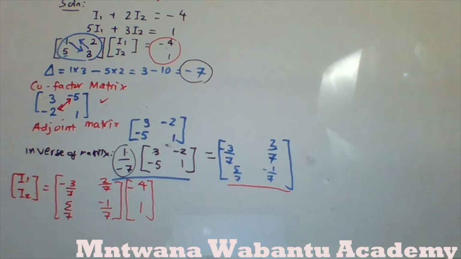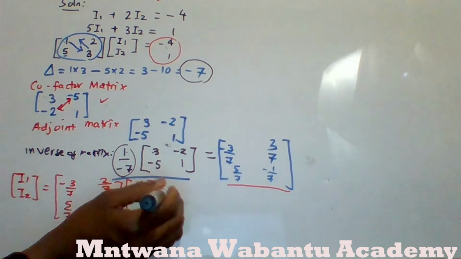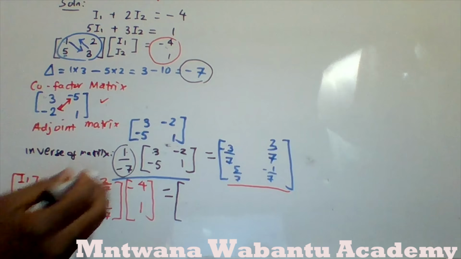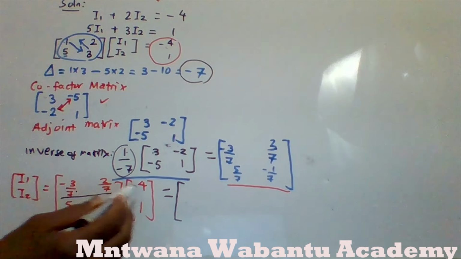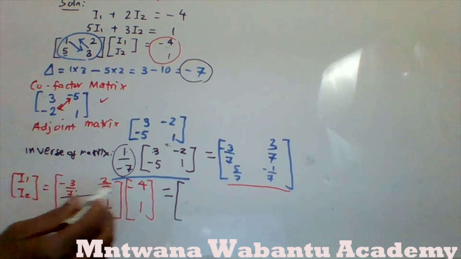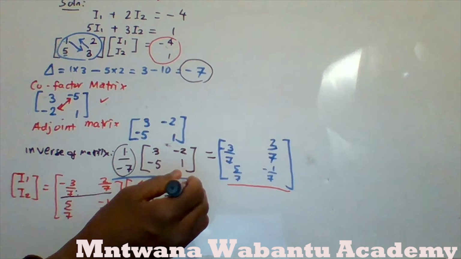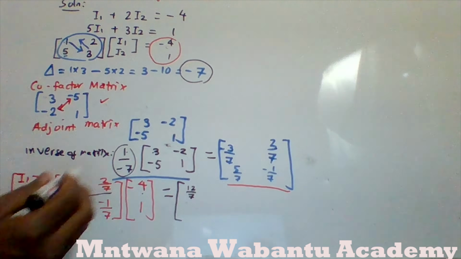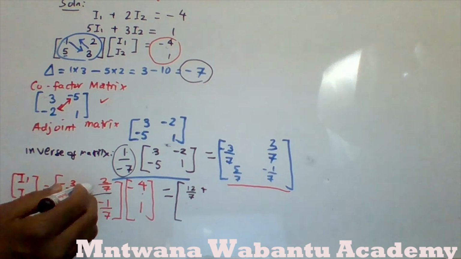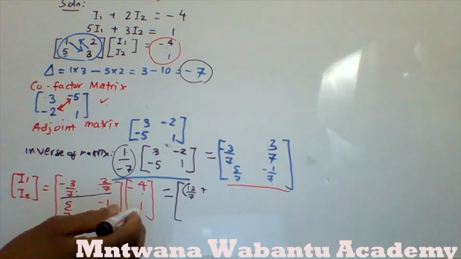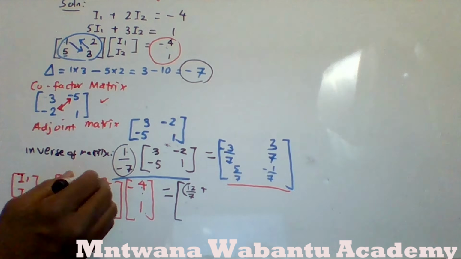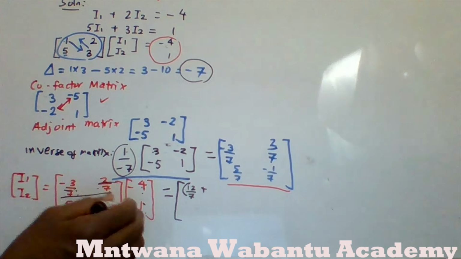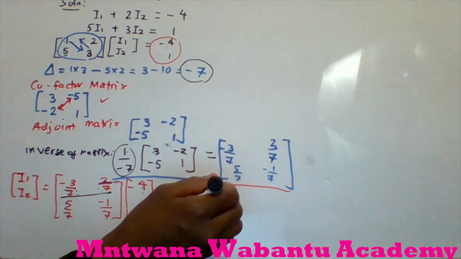So what we're going to do now is normal matrix multiplication, row times column. The first number times the first number: -3 over 7 times -4 is positive 12 over 7, plus the second number with the second number, 2 over 7 times 1, which is 2 over 7.